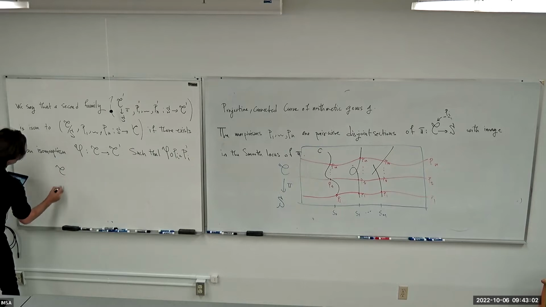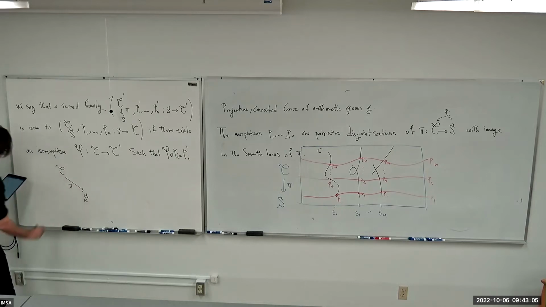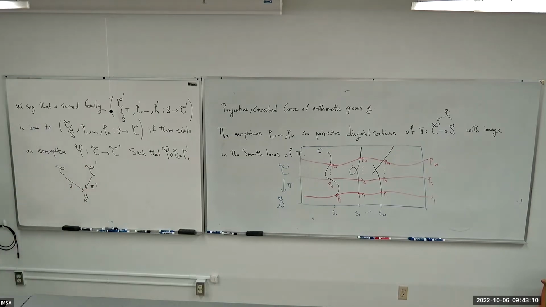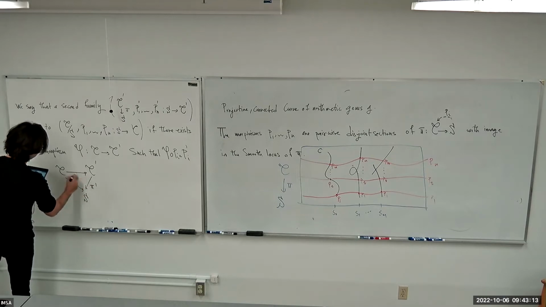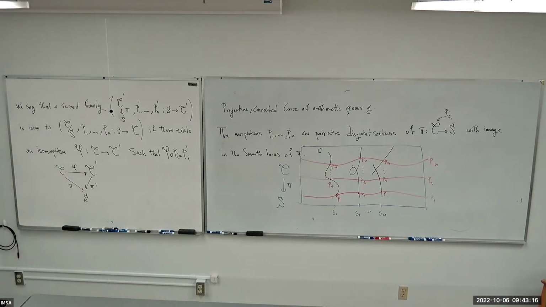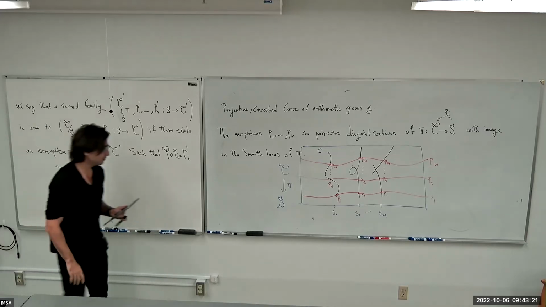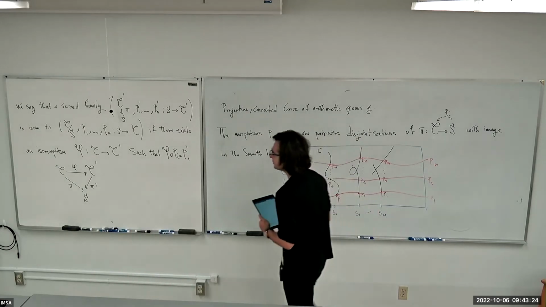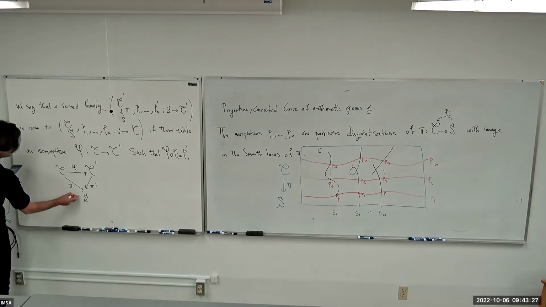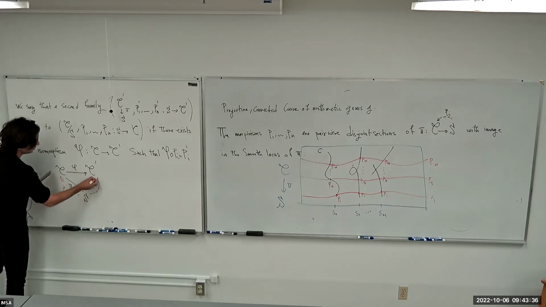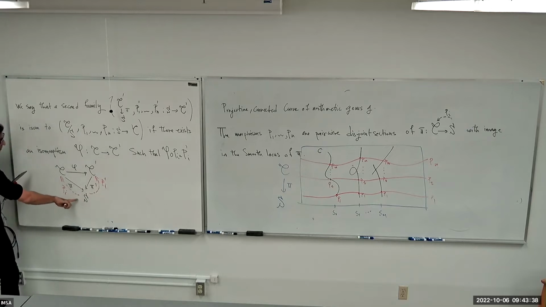So you have this family pi over S. You have another family, pi prime over S, and you have a morphism between them, phi. Exactly. So the markings of this family are given by the P_i's, and the markings of the other family are given by the P prime i's. So you would like to take points in here, map them, and have them land on P prime i.